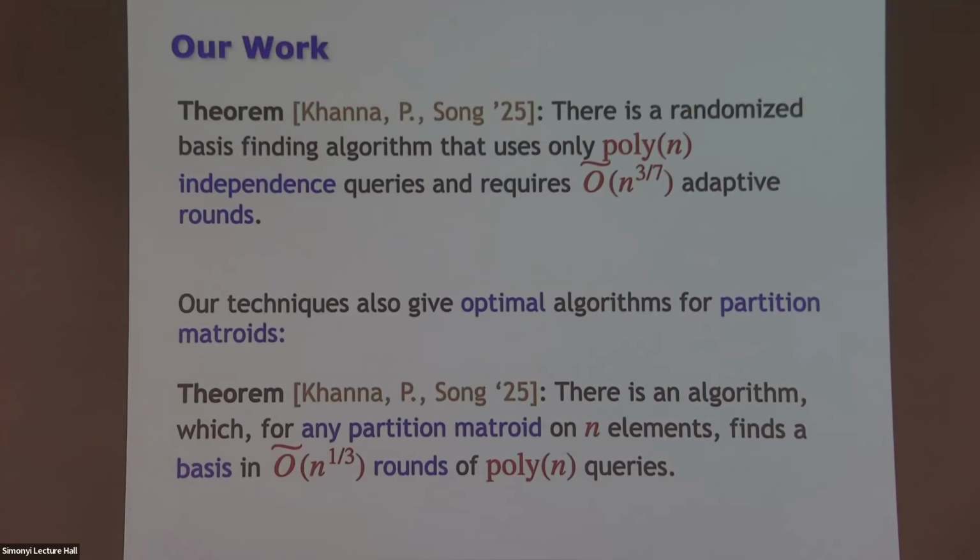For general matroids, there's a super exponential number of matroids. And so you can't just do probability amplification and then take a non-uniform query set. So derandomizing these algorithms for general matroids is actually a very difficult problem, even to do non-uniformly.